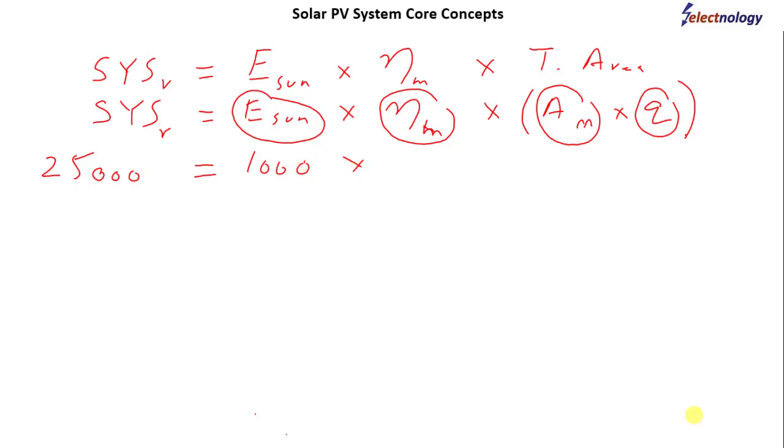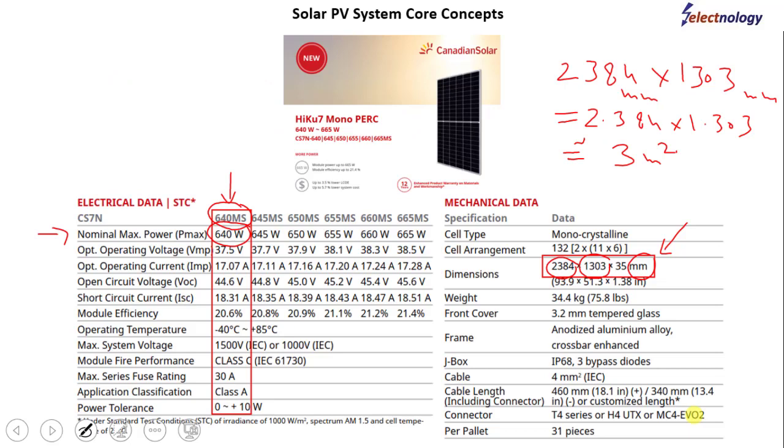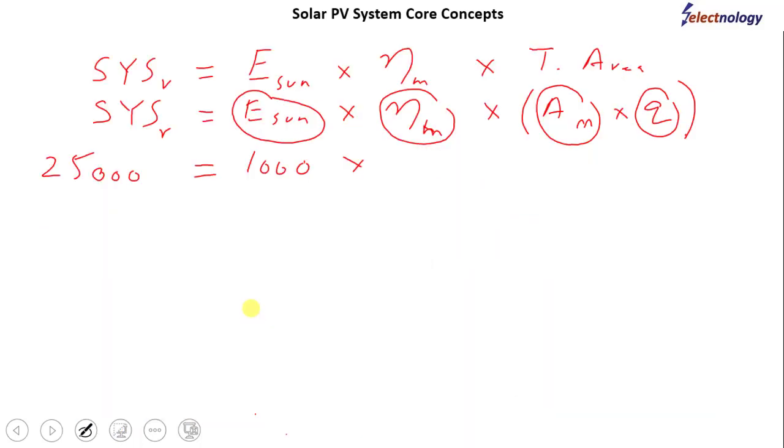The efficiency of the PV module can also be selected from the data sheet; it is here 20.6%, into area, which we found for one PV module was 3 meters square, into quantity.